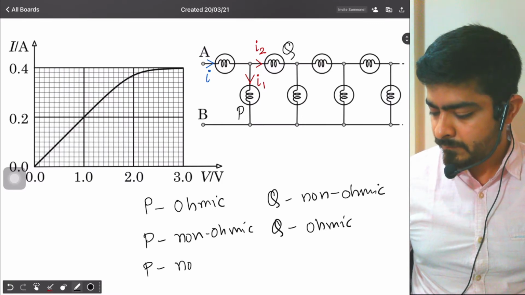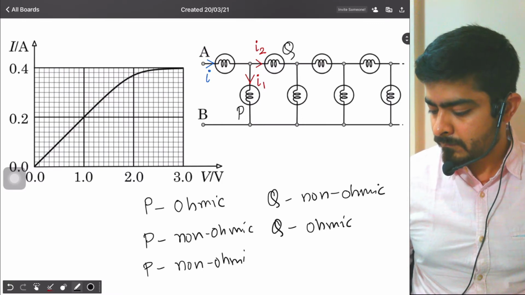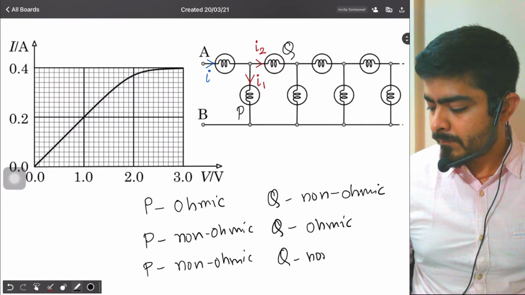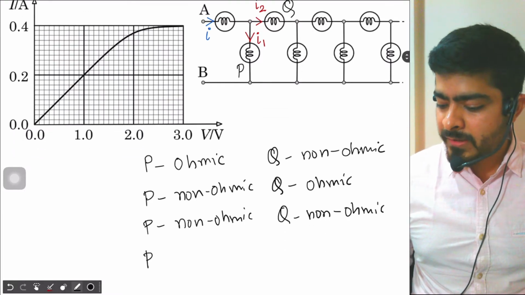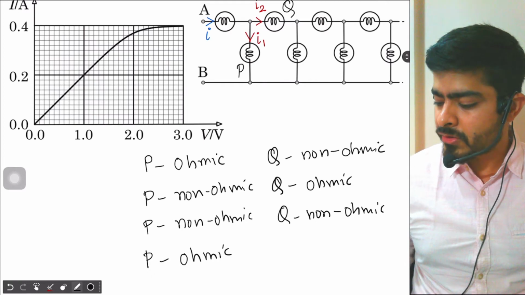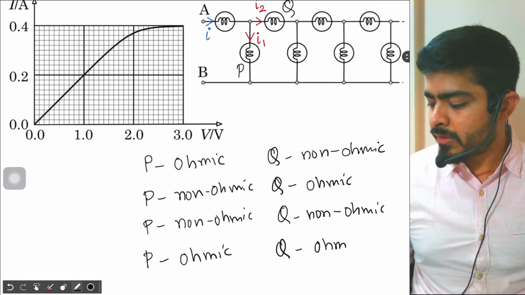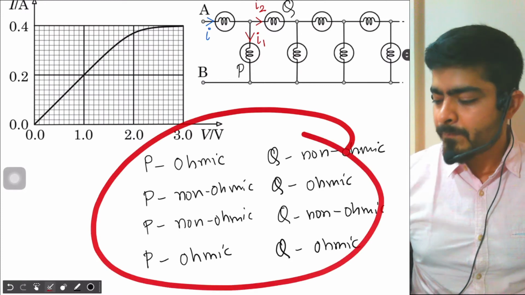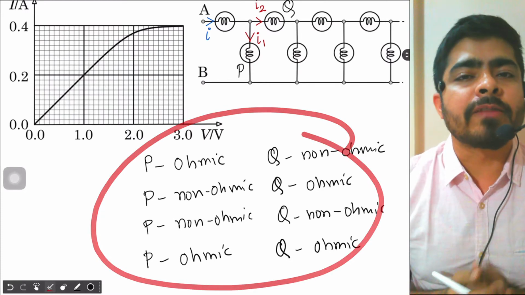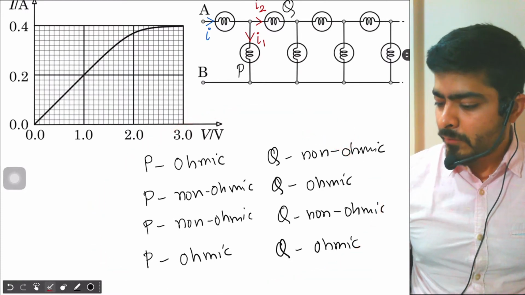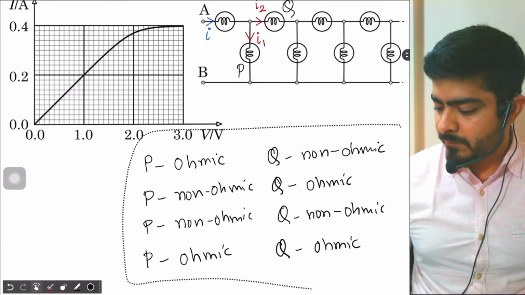And then the final possibility is that P and Q both should be ohmic. So actually there are four possibilities over here, and we will check all four of them one by one. For that we need to do some calculations first.